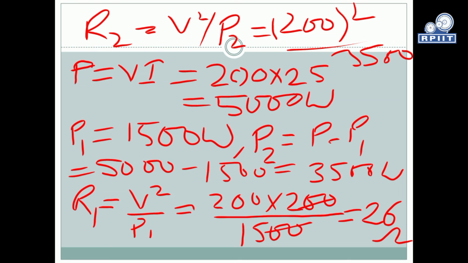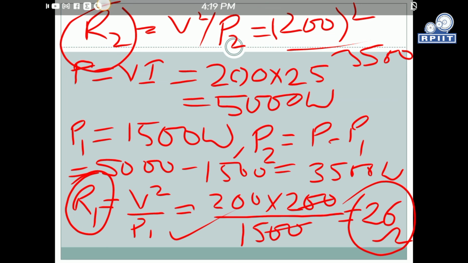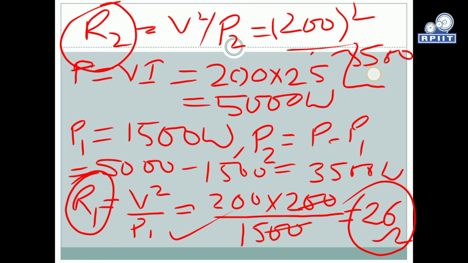With the help of this formula we can calculate the value of R2. Our aim was to find the resistance of each coil. So the resistance of coil 1 is approximately 26 ohm, and the resistance of coil 2 will be 200 into 200 divided by 3500. With the help of this we can get very easily the value of R2, the resistance of coil 2.